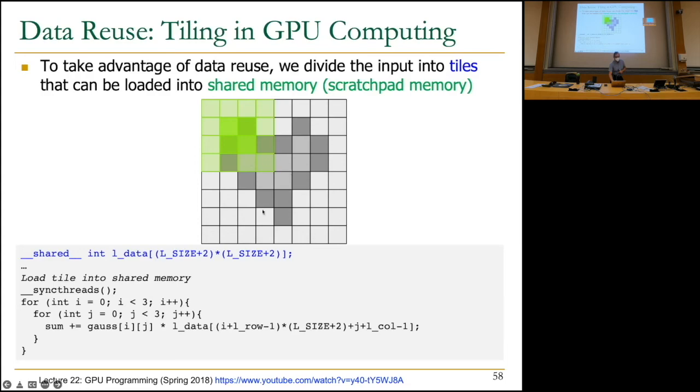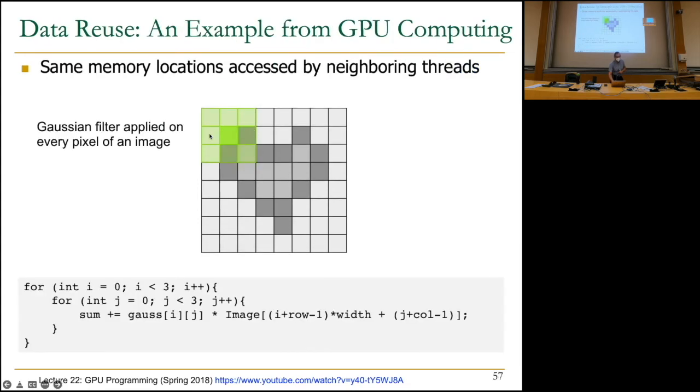Here, you're doing some filtering operation. You have a Gaussian filter applied on every pixel of an image. This entire image may not fit in the cache, but this portion may fit. So apply the filter on this portion first so that you can exploit locality, and then move to the next portion, and the next, and the next. Don't try to do it on the entire image.